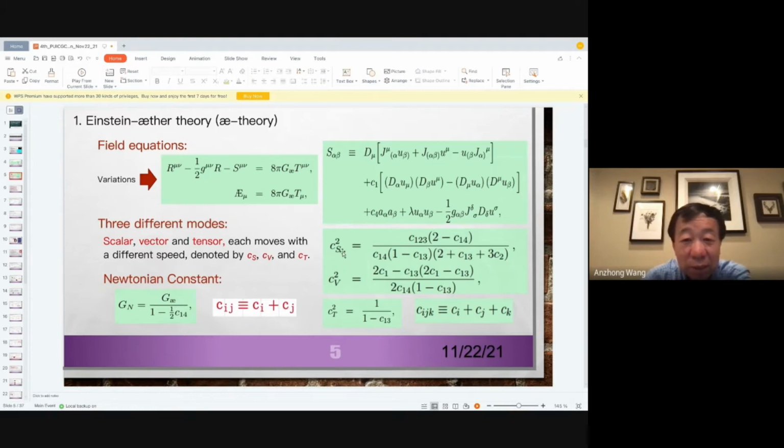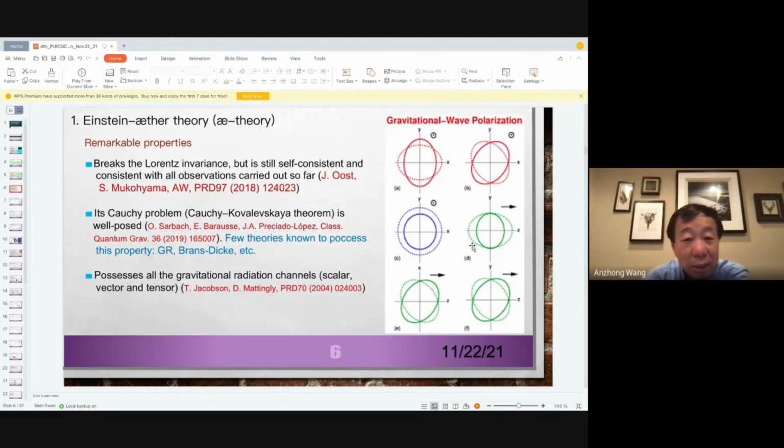So cS squared means the spin 0 mode speed squared, cV squared the vector mode speed squared, and cT squared the tensor mode speed squared. They are defined in terms of the four coupling constants c1, c2, c3, c4, with some combinations such as c13 equal to c1 plus c3, c14 and so on. So this is the theory.